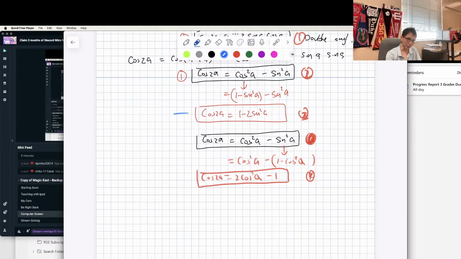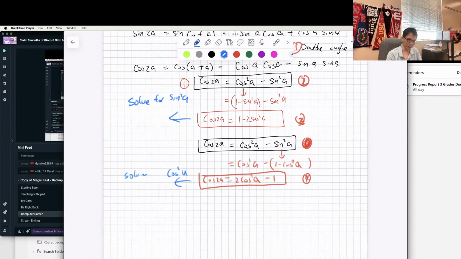So out of those 2 equations, you can solve for sine square a and solve for cosine square a. I'm going to start with the easy one. Solve for this one. It's actually very easy.